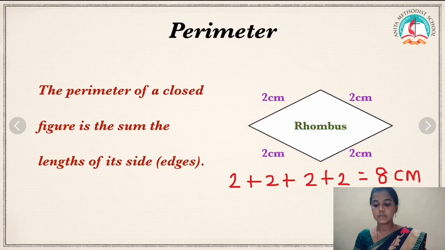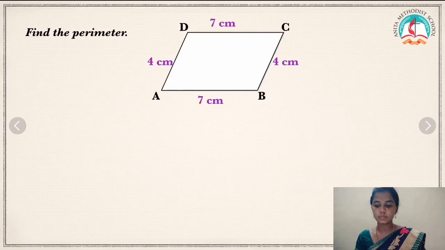Okay, so we will see one more example, children. It's in your exercise problem. So here they given the parallelogram with the length 7 centimeter and the breadth 4 centimeter. Okay, so how will you find the perimeter? We need to add all the sides.